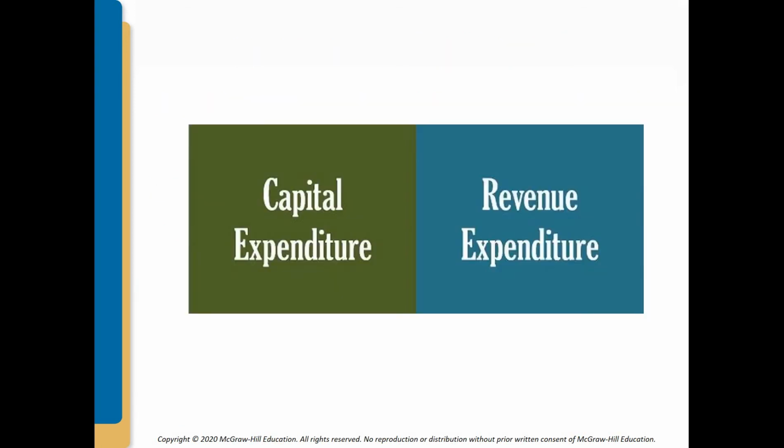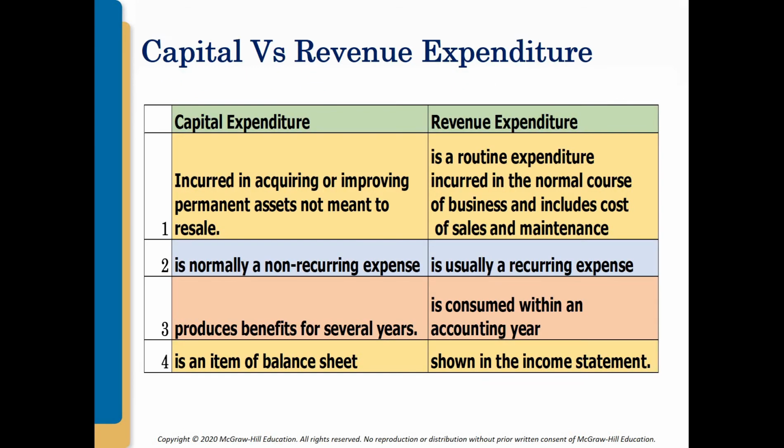And let's see the difference between capital expenditure and revenue expenditure. The capital expenditures are added with the assets and revenue expenditures are usually presented in the income statement, okay. Now let's see the difference between these two.